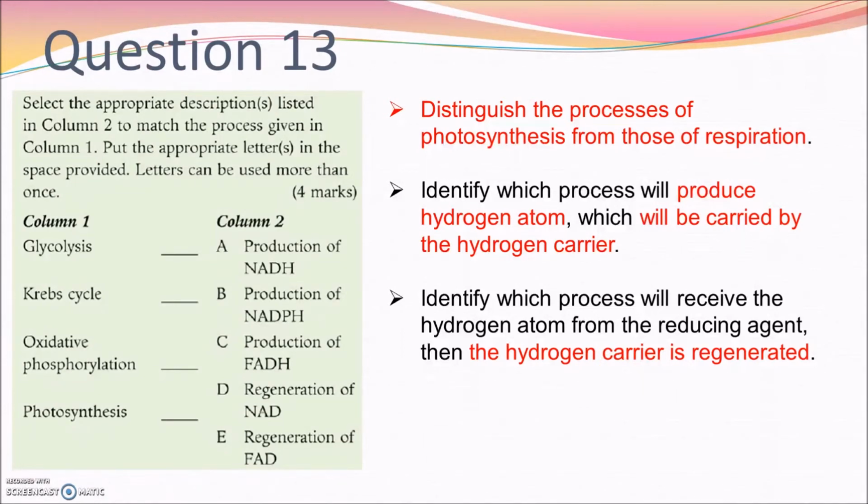Otherwise, all the hydrogen carriers receive hydrogen and are all occupied, so no more hydrogen carrier can take up the hydrogen. So remember those 3 key questions for you to think about the matching.